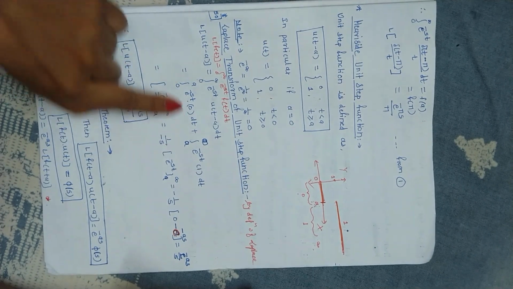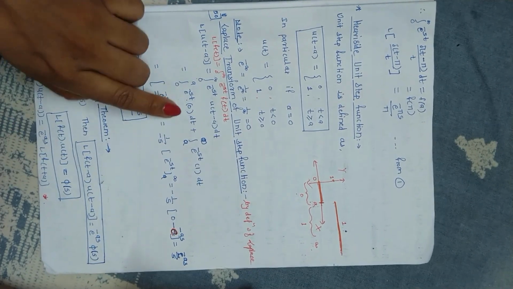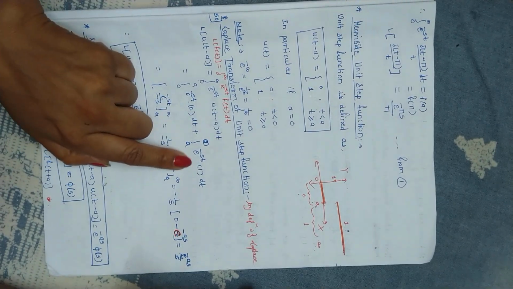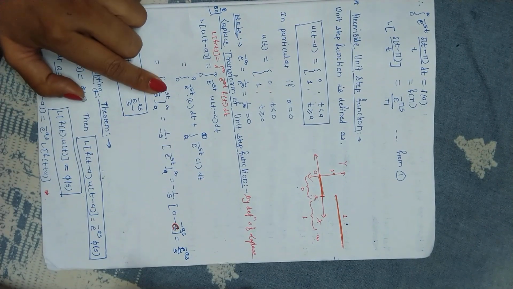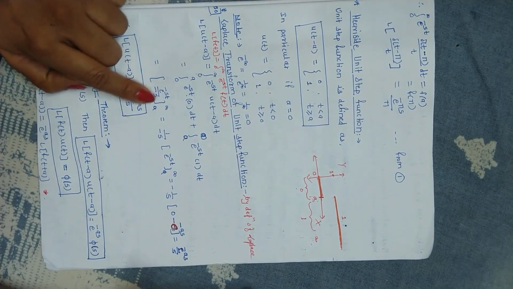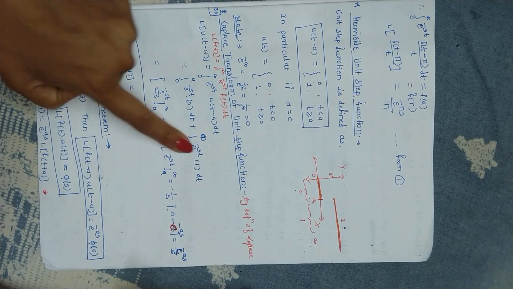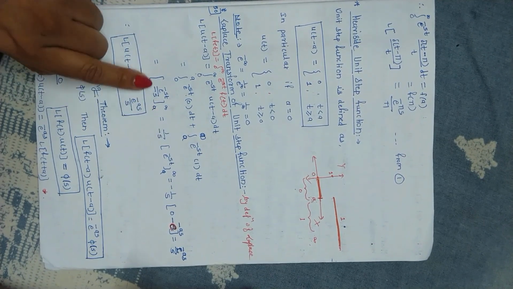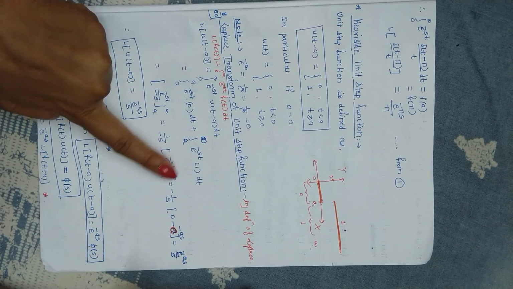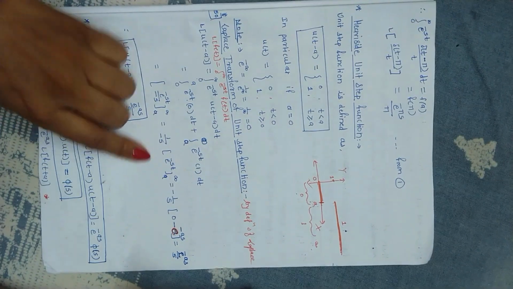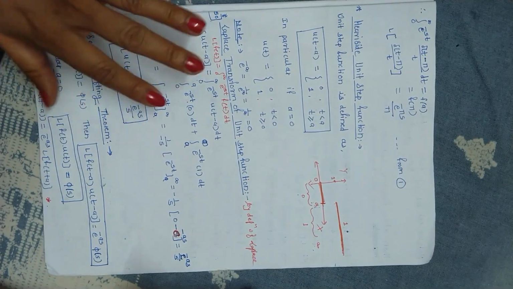Now solve this integration. This is 0, obviously this is 0. Now the integration of e raised to minus st is e raised to minus st upon the derivative of the exponent with respect to t, which is minus s, with limits a to infinity. Now take minus 1 upon s outside because it is constant with respect to t. We just have to put the values of the limits in t only.